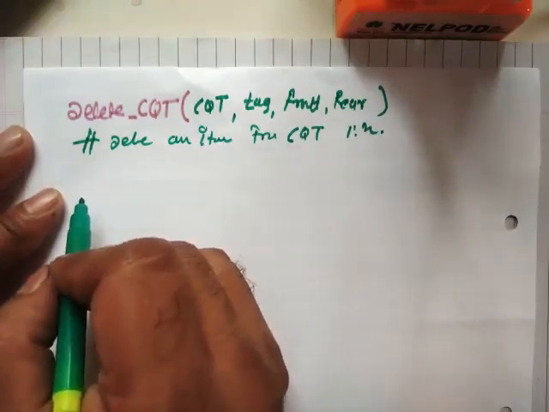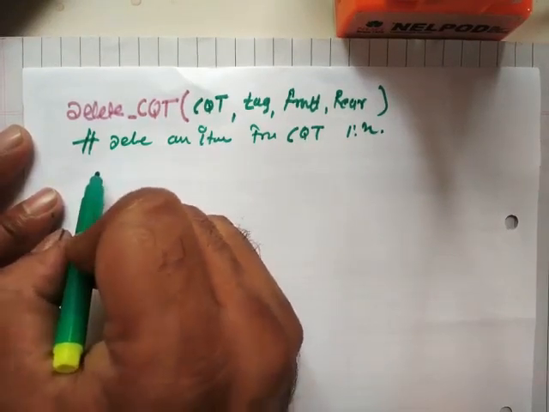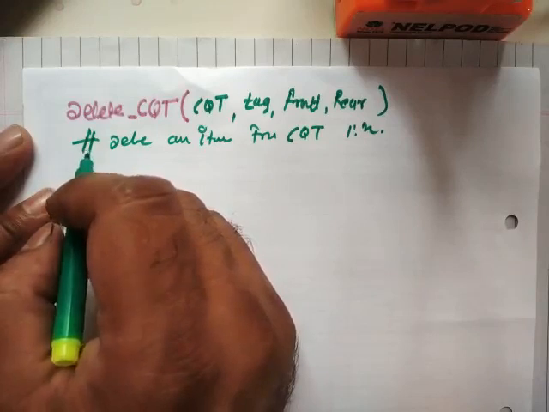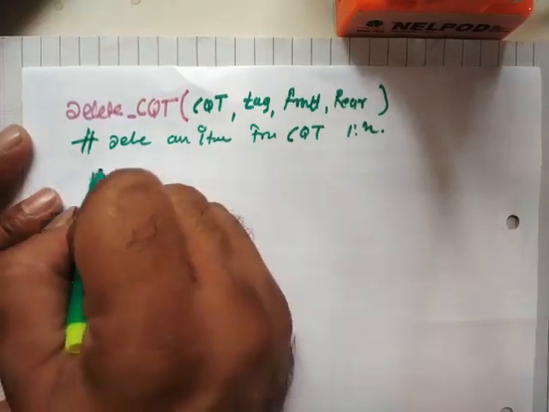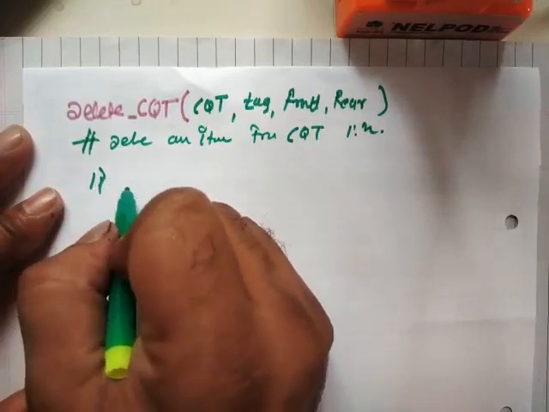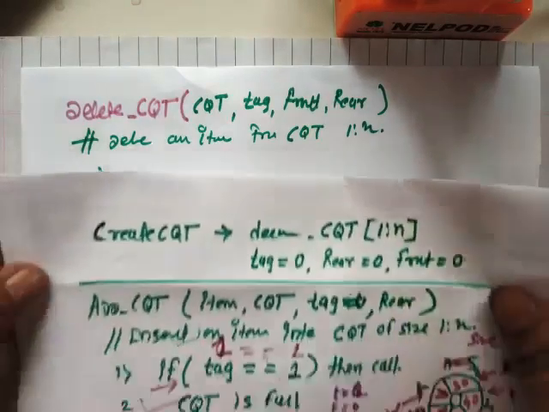Now before deleting an element from circular queue with tag, we are going to check whether the queue is empty. If the queue is empty, we cannot delete an element from that. So first I need to check whether the queue is empty or not. Now we already know the queue empty condition. What is that queue empty condition?